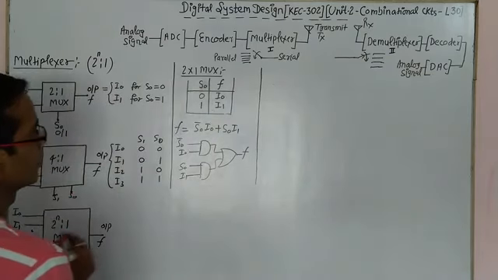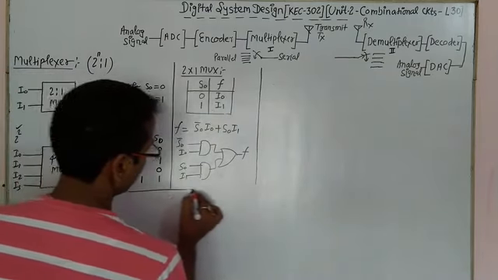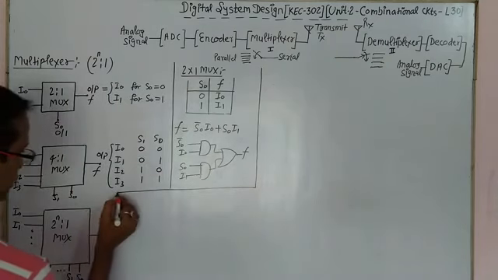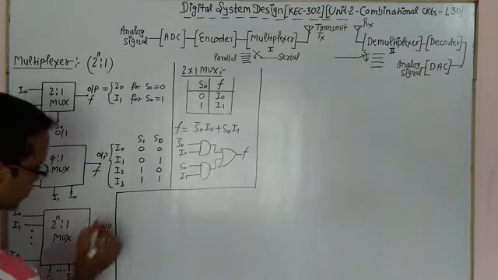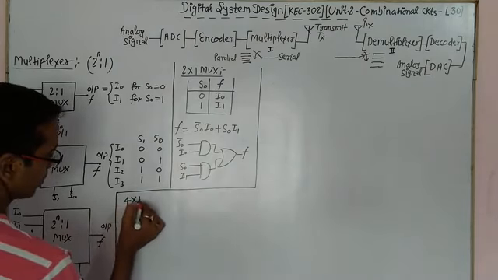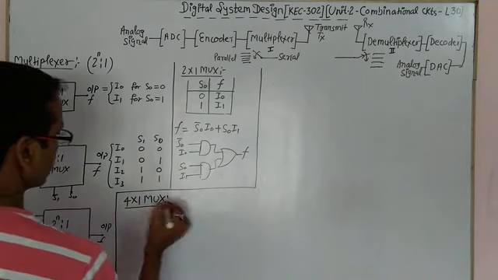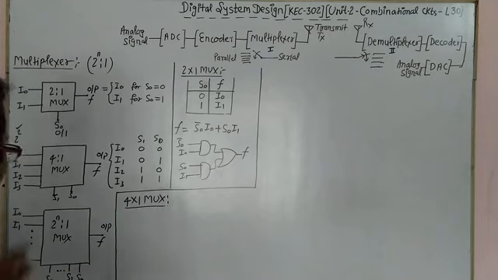Similarly, we can design a 4x1 mux. For 4x1 we will have two select lines, and using these select lines we will choose one input and transfer it to the output.